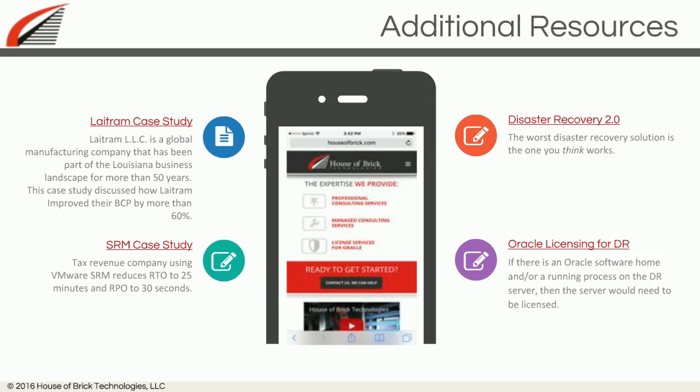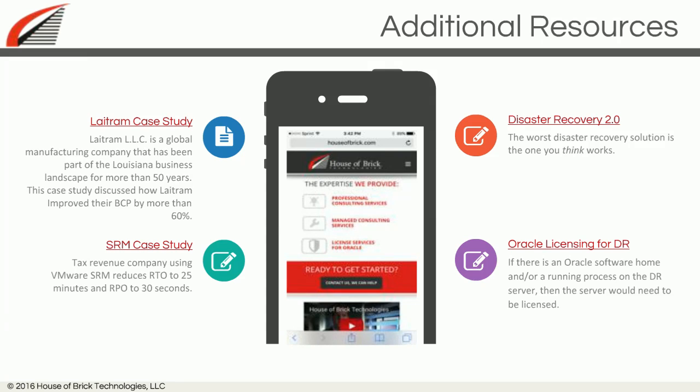Yeah, the idea is, and we kind of highlighted it today, the worst DR solution is the one that you think works. That's really a bad place to be. It's represented in our poll with some of the questions.